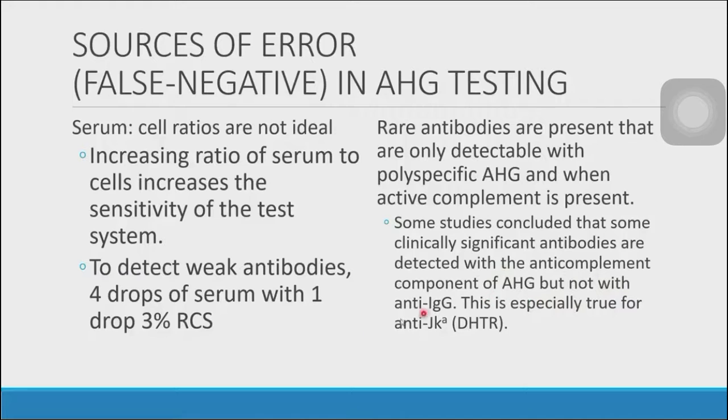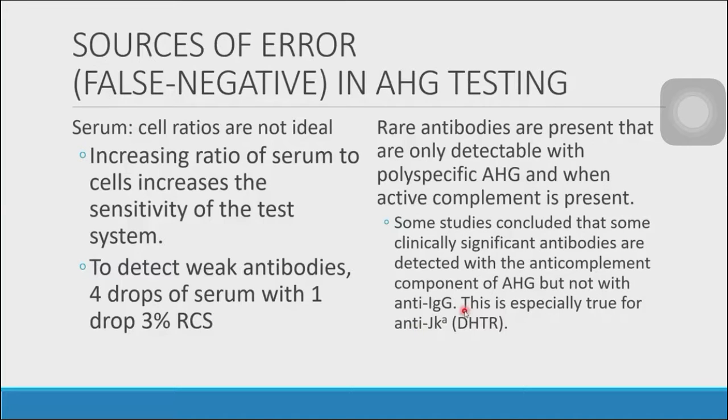This is especially true for anti-JKA, an antibody under the Kidd blood group system, which is implicated in delayed hemolytic transfusion reaction. So anti-JKA is detected only with anti-complement.